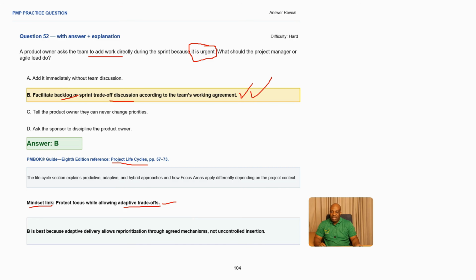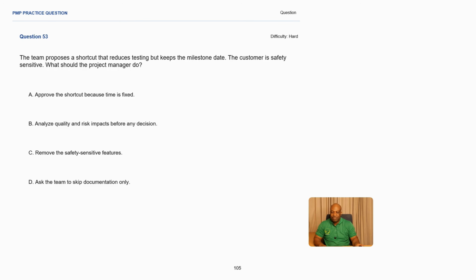So what the project manager or Agile lead should do is to facilitate the backlog or sprint trade-offs discussion in terms of the issues or the features that have to be delivered in that sprint. So making B the best answer, which is adaptive delivery, allows for reprioritization in the backlog through the agreed mechanism, not uncontrolled insertion. Making B the best answer.